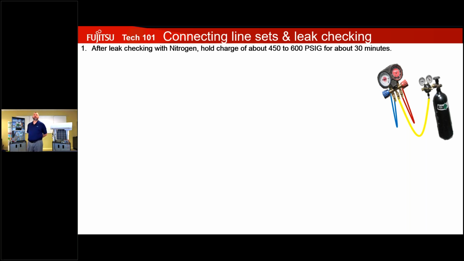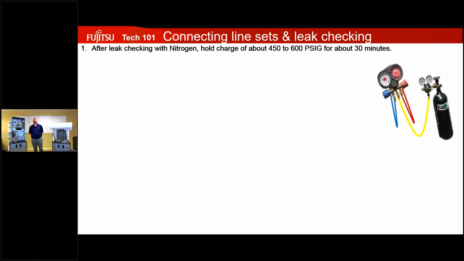Another one that kind of drops jaws when I mention it: when we're doing leak testing on Fujitsu mini split systems, we're using nitrogen and looking to hold a charge of between 450 to 600 PSI for 30 minutes. When we ask guys in person what they're leak testing to, the majority are looking at right around 250 to 300 PSI.